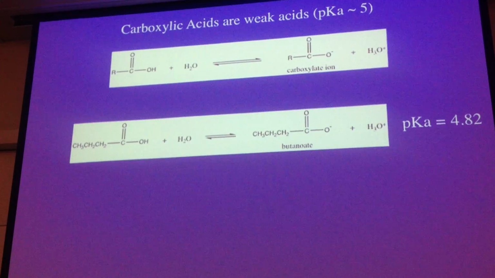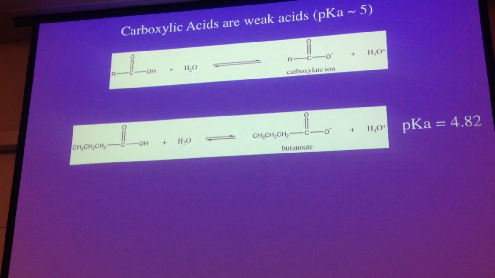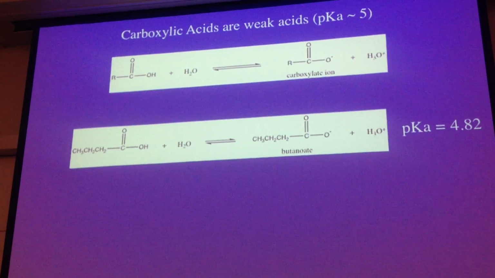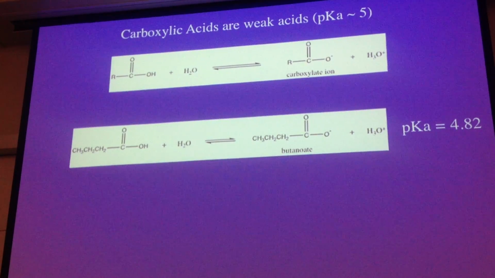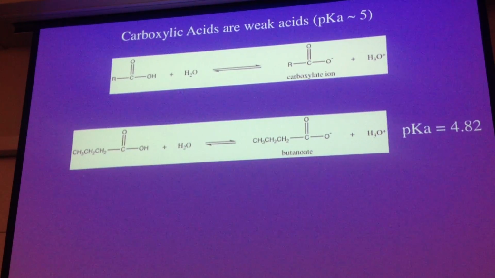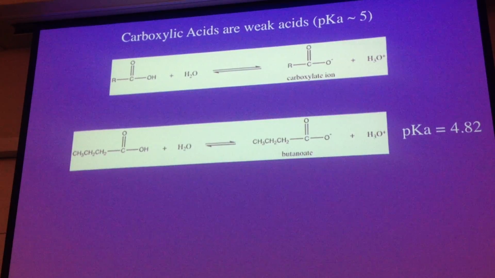That's not huge. When you guys were in Chem 400 and 401, that is not really tremendously acidic. On the OChem scale of things, though, that's wonderful. For us, that's super acidic. It's the most acidic organic thing we're going to run into. So as far as we are concerned, pretty darn acidic on our scale.